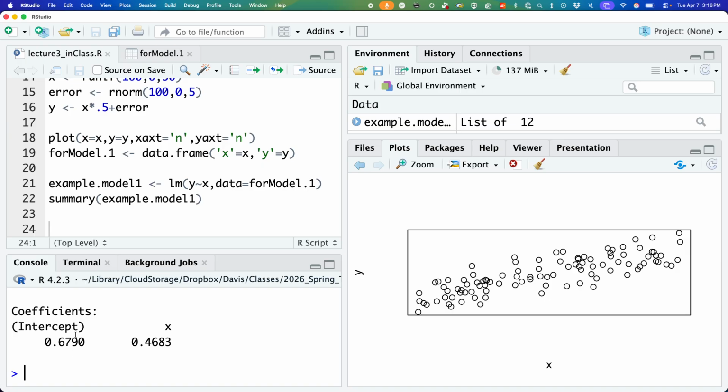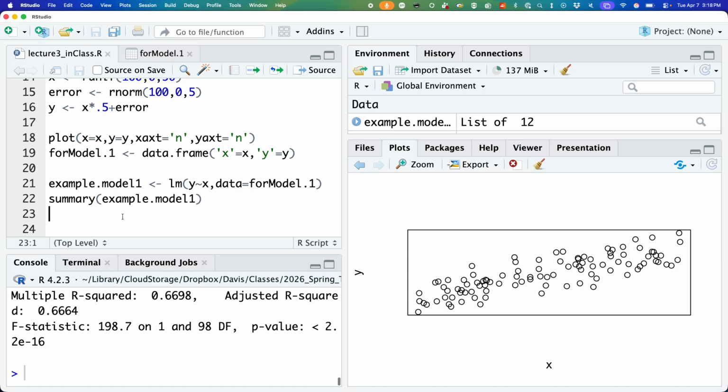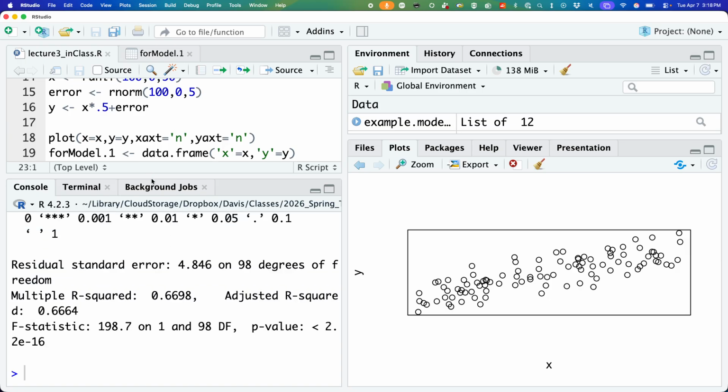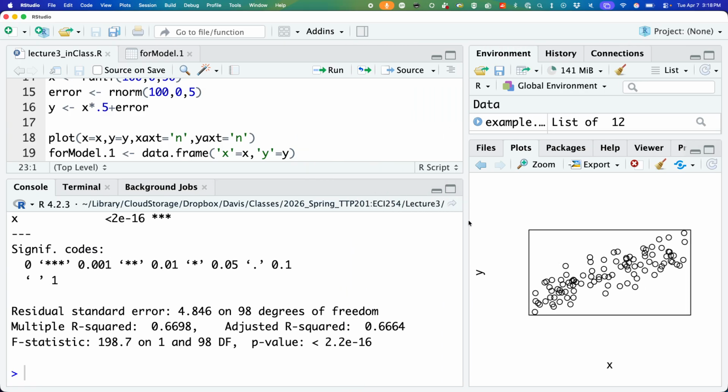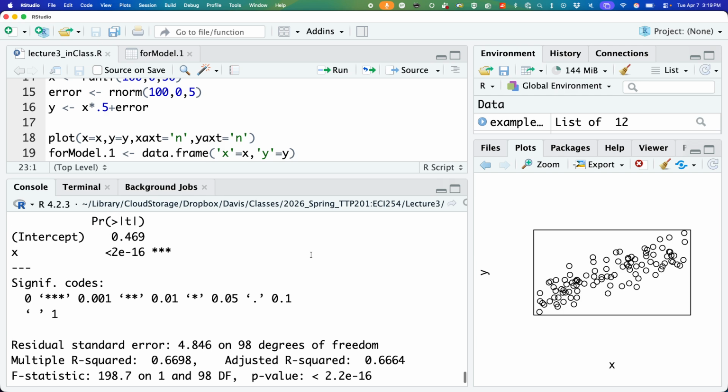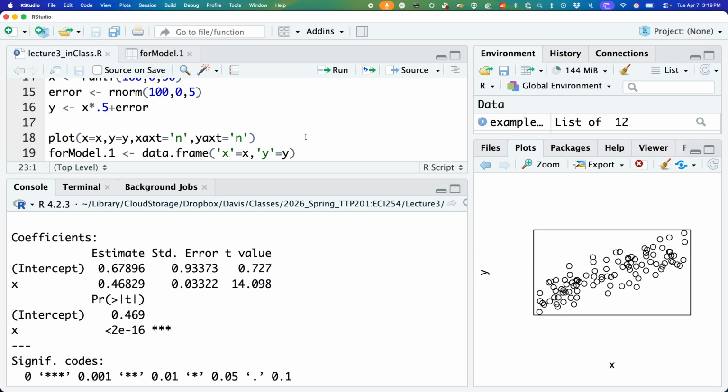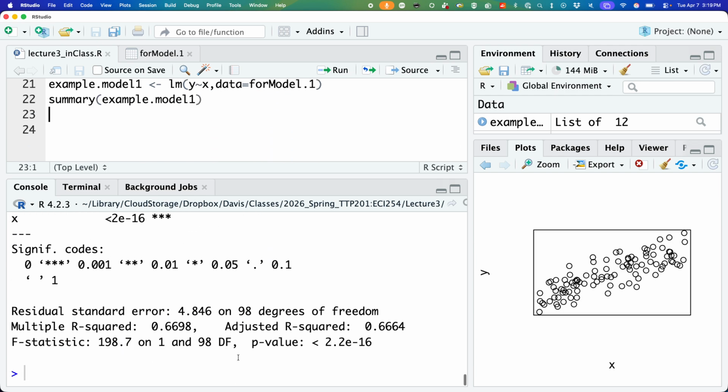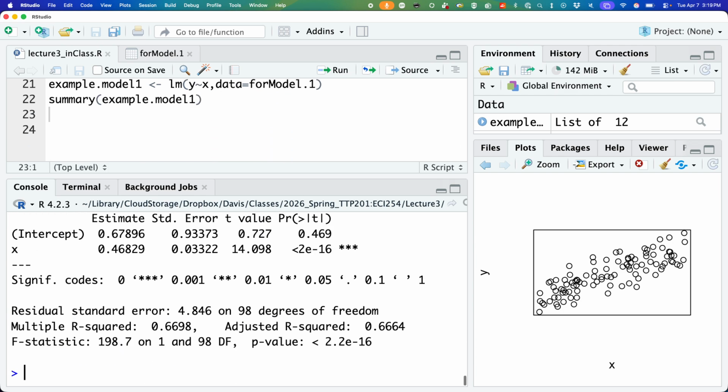Okay, so if I do summary example model 1, it's actually going to give me a little bit more information. So let's take a look at this. I'm going to do that again because I think it'll format it better. Yeah, here we go.